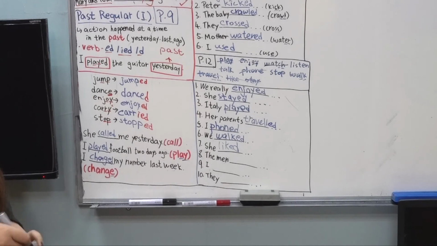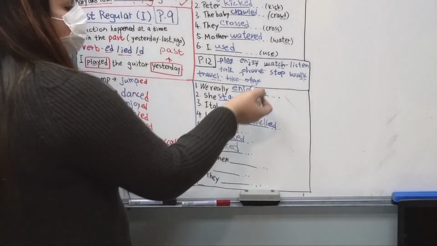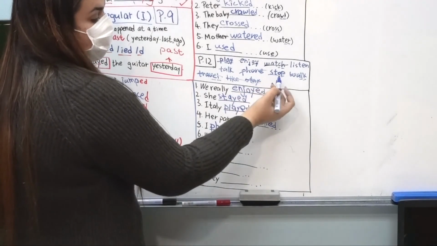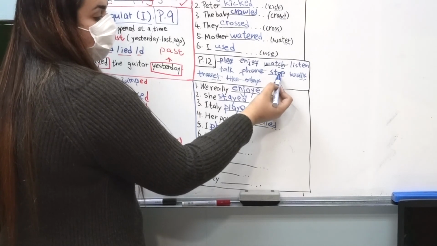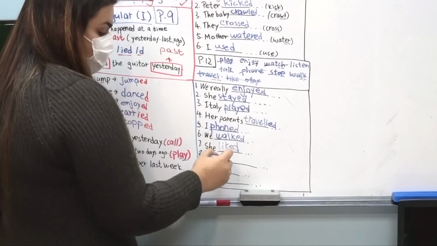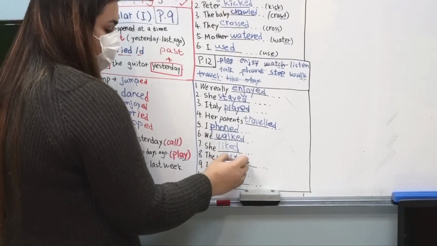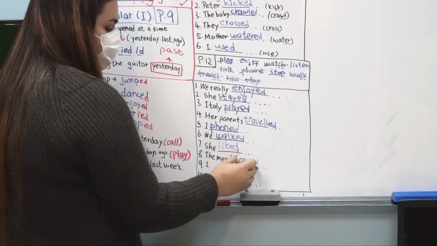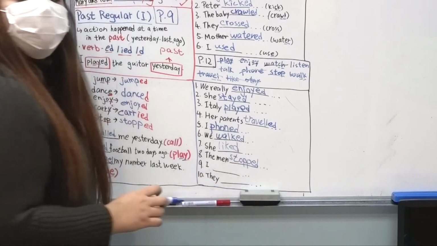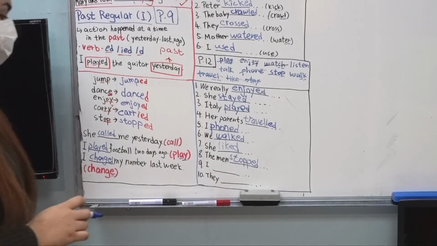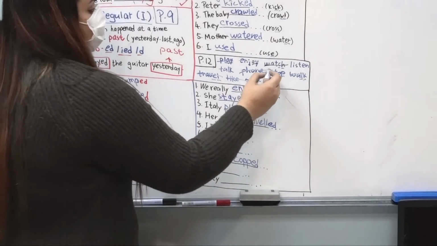The proper answer should be stop, right? So stop ends with the vowel and a consonant, right? So if a verb ends with a vowel and consonant, we double the last consonant. Stop becomes stopped. Okay? Stopped.